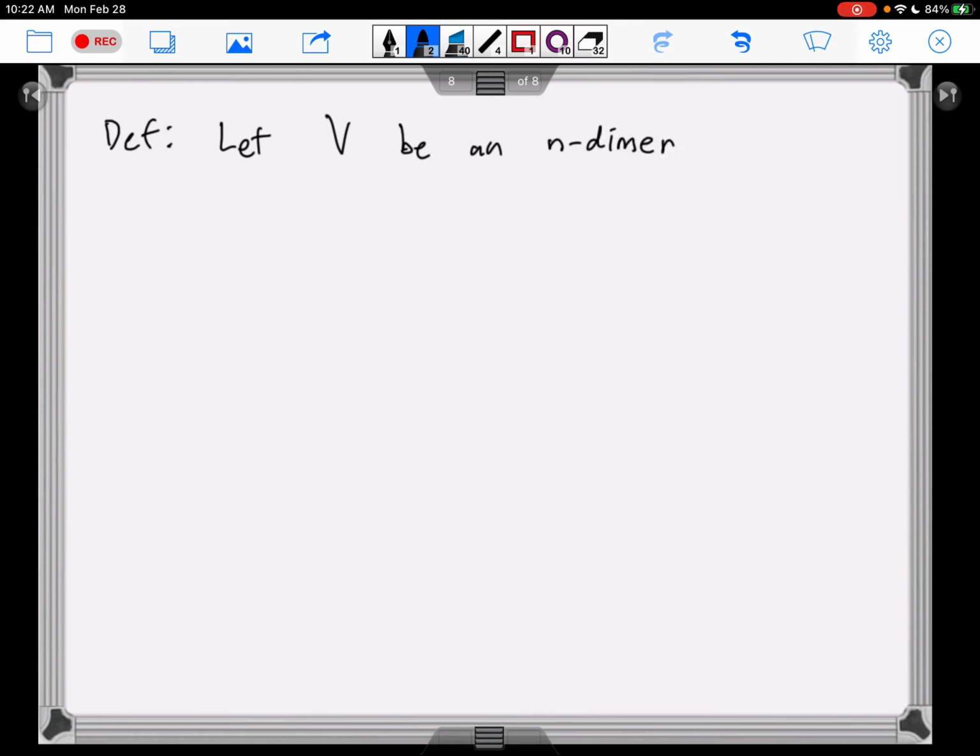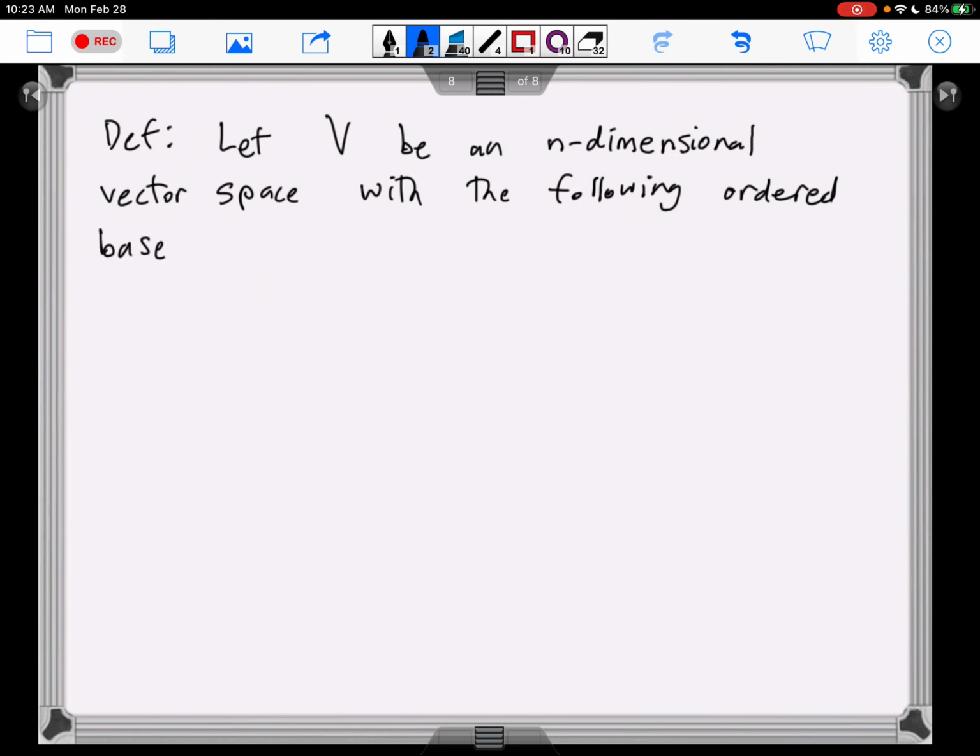Let V be an n-dimensional vector space with the following ordered bases. So we're going to say B is equal to V1 all the way to Vn, and C is equal to W1 all the way to Wn.